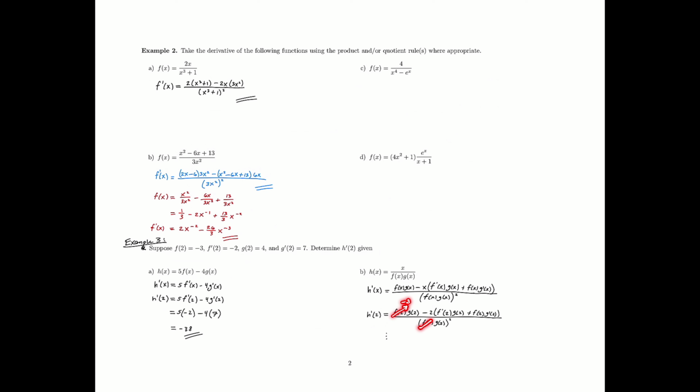So this f of 2 is a negative 3, and this f of 2 is a negative 3. What's g of 2? g of 2 is 4, so this is a 4, this is a 4, this is a 4, and so on and so forth. So if we go ahead and do all of that, we should get, after simplifying and reducing the fraction, 23/70.